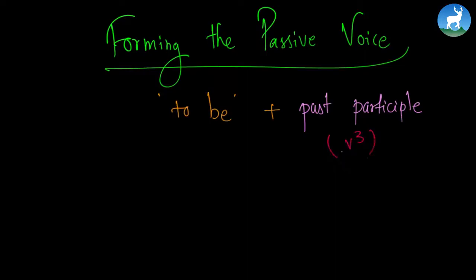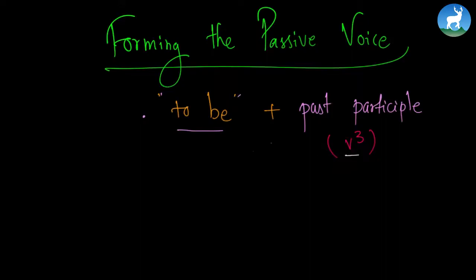British and American speakers never say V3. They say past participle, but Indians like to call it V3. So there are two functional elements. First is to be, followed by a V3.